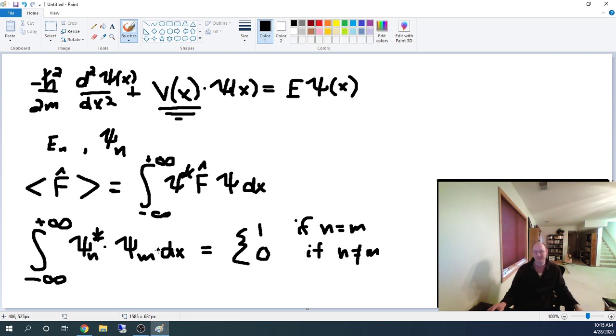If you think about it, it's possible to use this operation and then use this condition here to turn this into a weighted sum, a weighted average on the wave function.